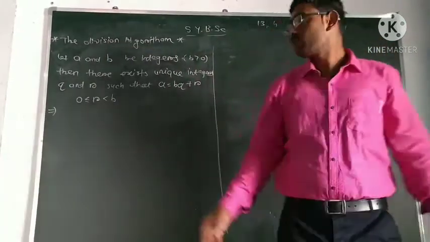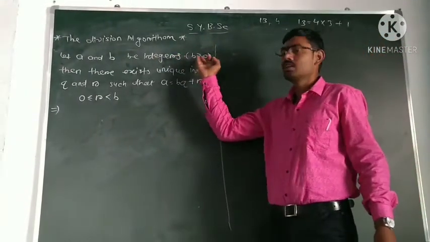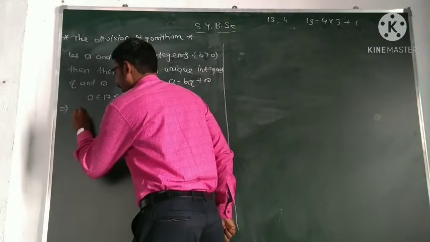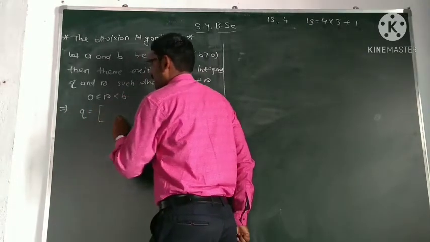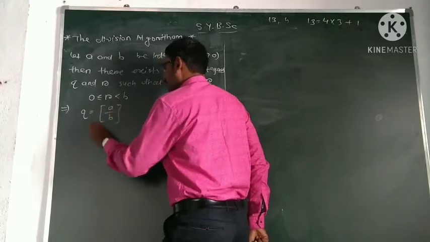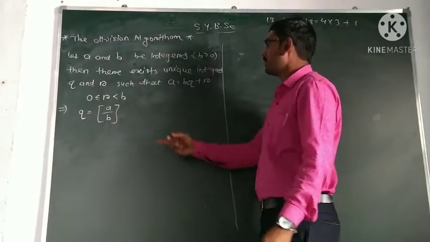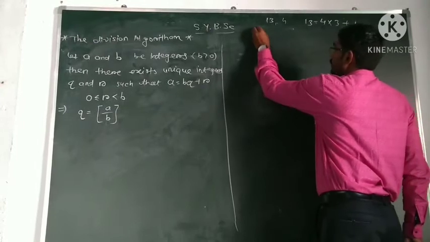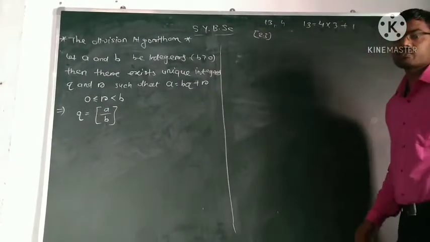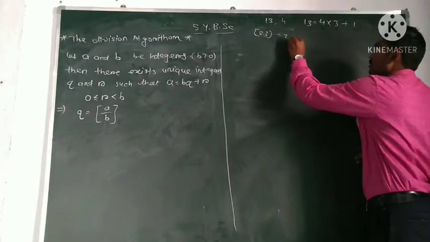So we have given two integers a and b, where b is positive. Now we will take q equal to the greatest integer function of the ratio a by b. The greatest integer function of 2.3 is equal to 2.